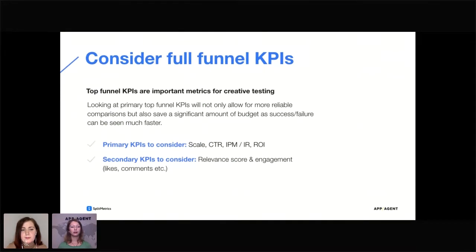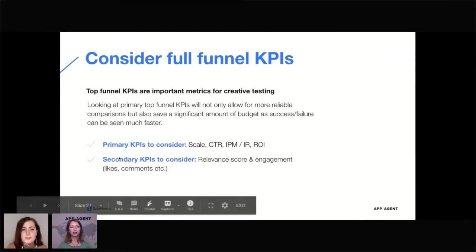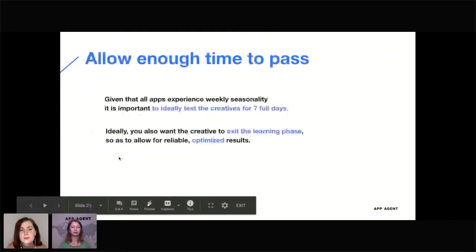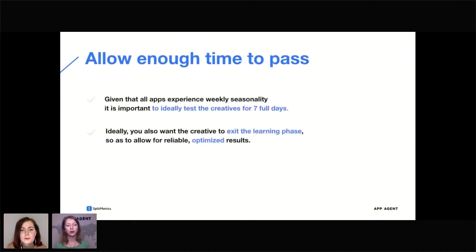So the second major mistake, I would say, that I've seen happening is impatience. People are impatient. Of course, we all need to be efficient. That's what performance marketing is all about, and we don't want to waste any of our time or money. But with that being said, I'm hoping you all are aware that there is such a thing as weekly seasonality.